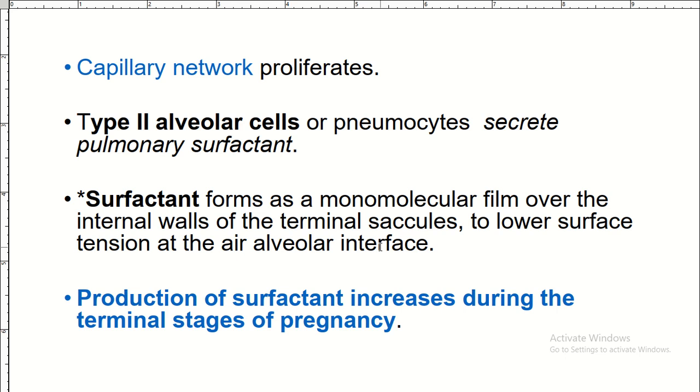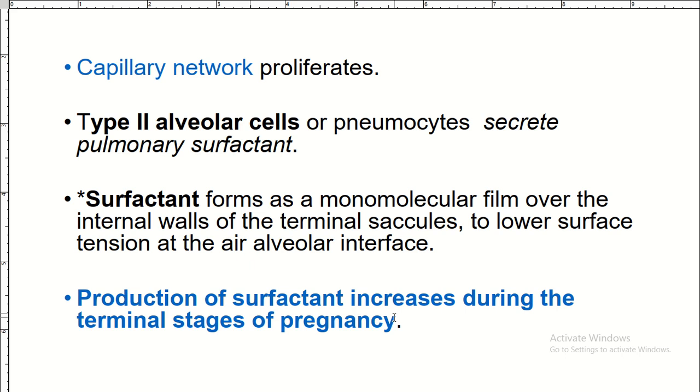Remember, when surface tension is lowered, you're going to reduce pressure, right? So when you reduce pressure, you're going to have your alveoli open. They must not completely close. You understand? So production of surfactant increases during the terminal stages of pregnancy, the terminal saccular period. And surfactant is also important to initiate birth or labor.